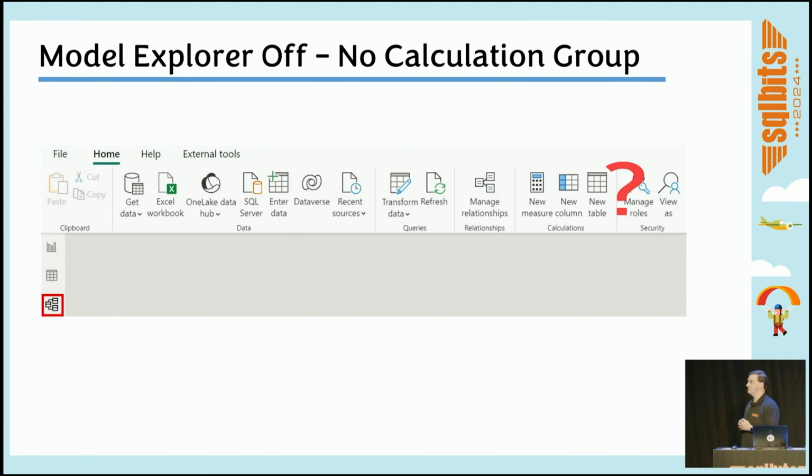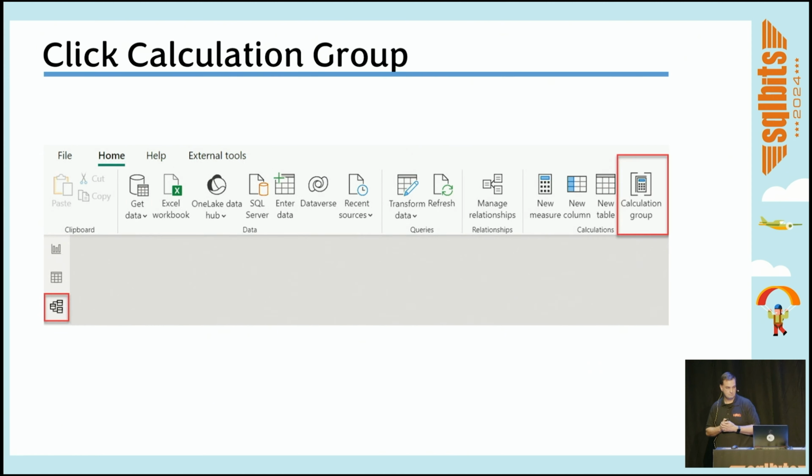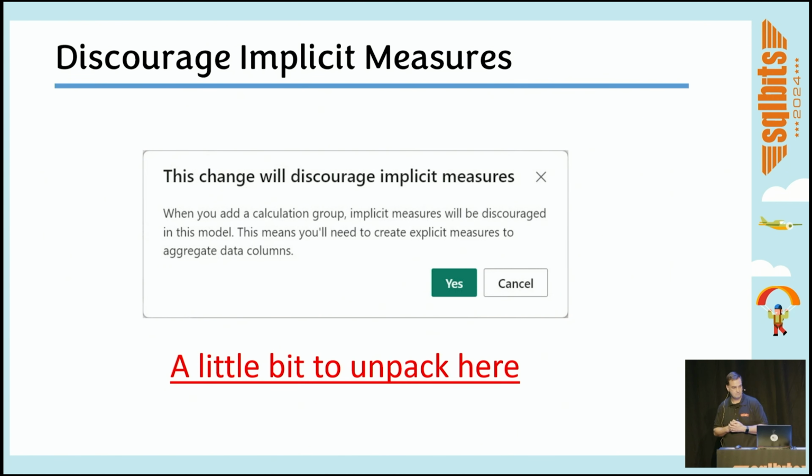So again, if you have that Model Explorer off, you're not going to see on the ribbon create calculation group. Once I have enabled it, there's now a new button to click to create a calculation group. The first thing when we click this is the point where some people eject and they're like, okay, I'm out.